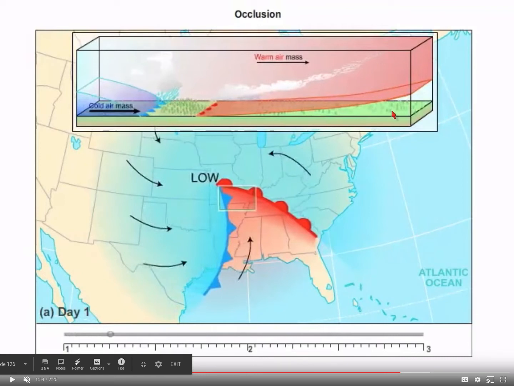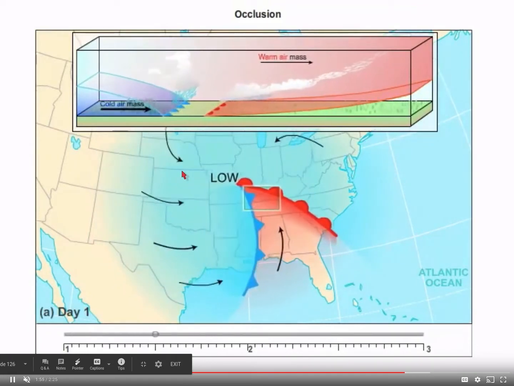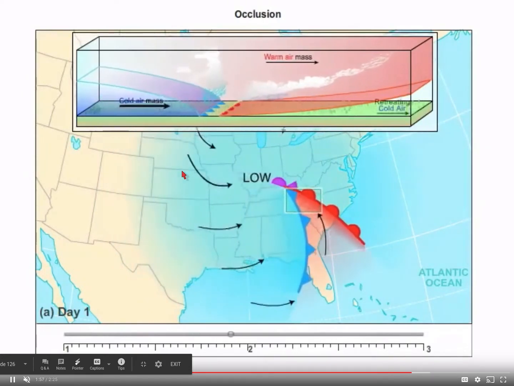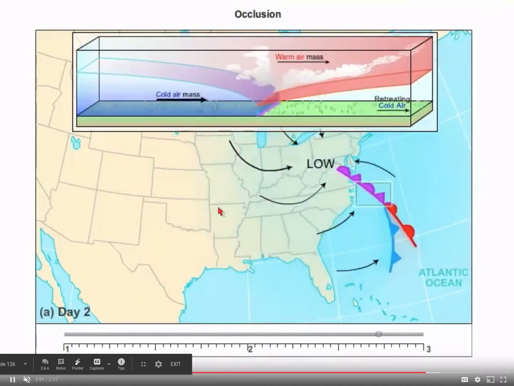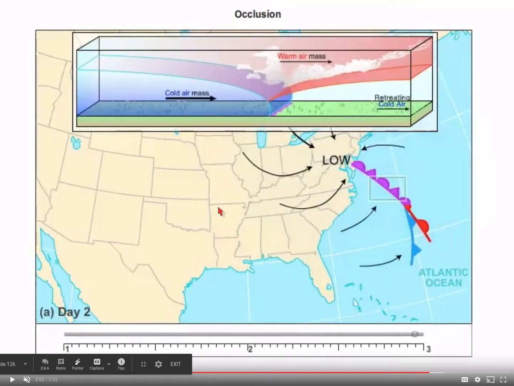So what we're seeing is the temperature of the air on the ground. So this would be cold air, this is cold air, but above it is this warm air. So there's the warm front, here's the cold front, and as they move along, the cold front's going to catch the warm front. And once the cold front catches the warm front, that's called occlusion. And the next thing that happens after occlusion is the whole storm goes away.